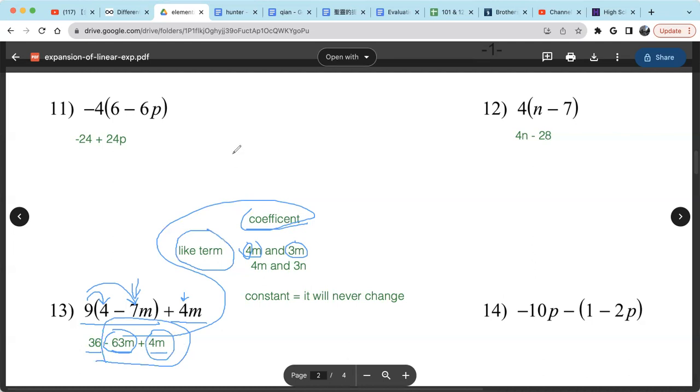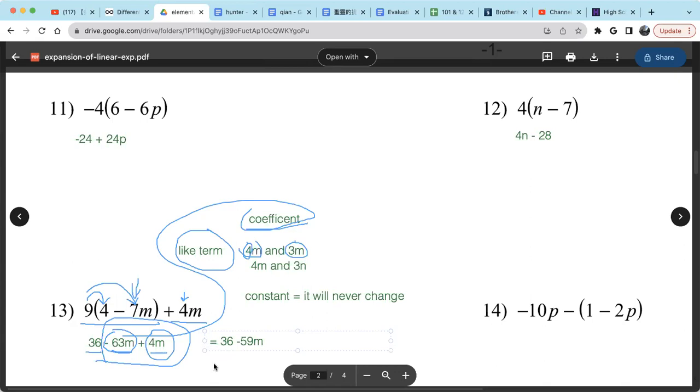So what can we do with them? We can add or subtract the coefficients. So this one we can simplify to be 36. How do we do negative 63 plus 4? Because negative 63 is bigger as a number itself, we keep the negative sign. Then we think, what is 63 minus 4? Oh, that's 59.